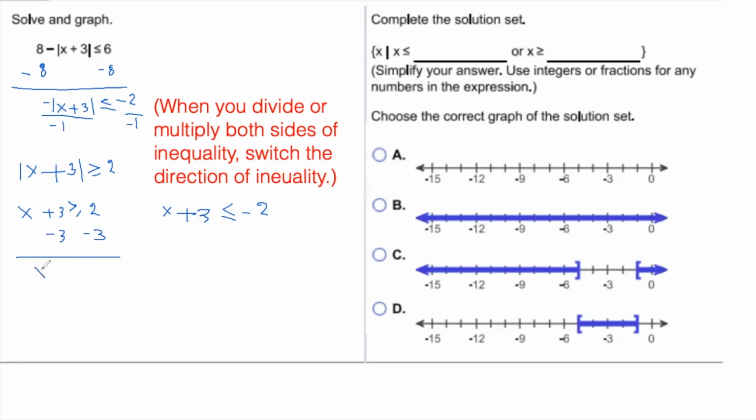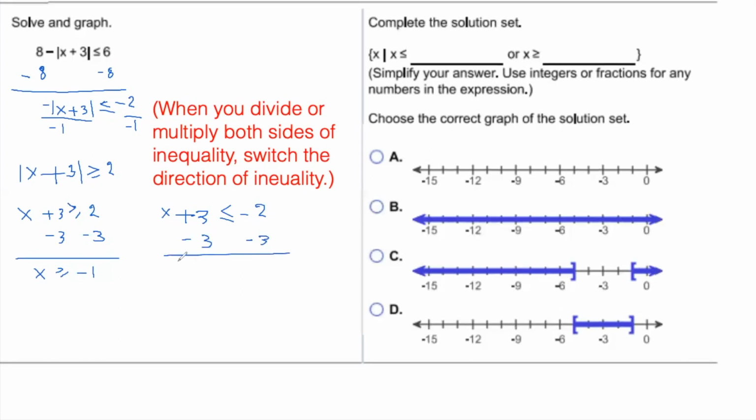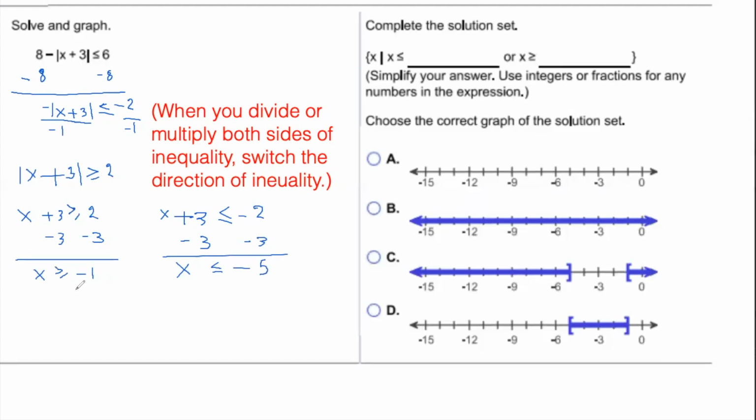Then it is x is more than or equal to negative 1. Here if we subtract 3 from both sides, this one will be x is less than or equal to negative 5.